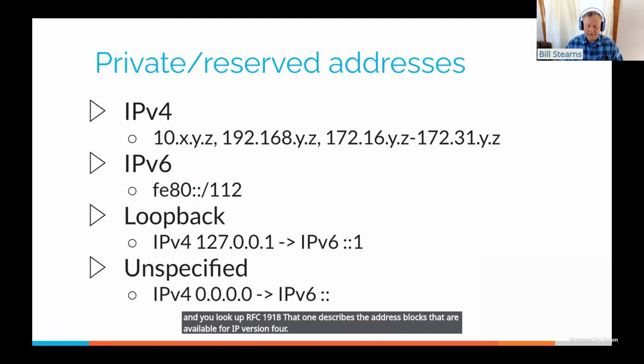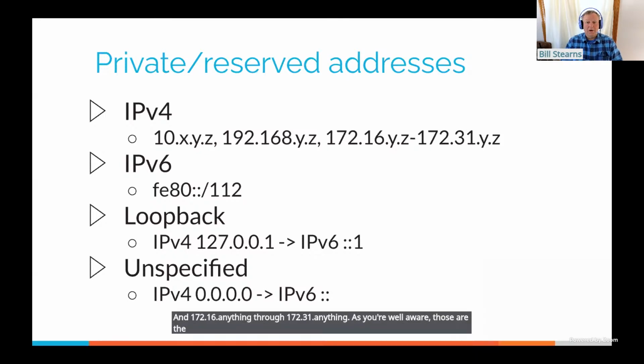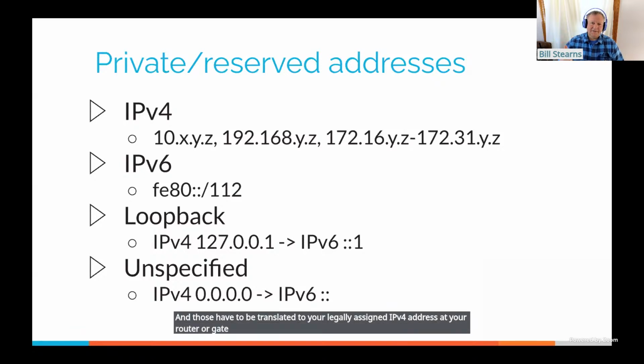And those are 10 dot anything, 192.168 dot anything, and 172.16 dot anything through 172.31 dot anything. As you're well aware, those are the addresses that you are welcome to use inside your network, and those have to be translated to your legally assigned IPv4 address at your router or gateway or firewall or NAT device, whatever machine is responsible for performing that task.